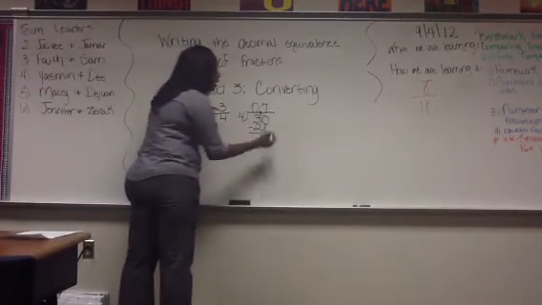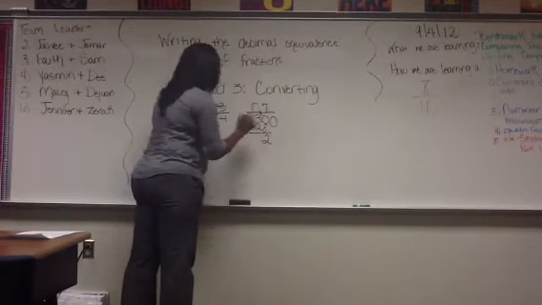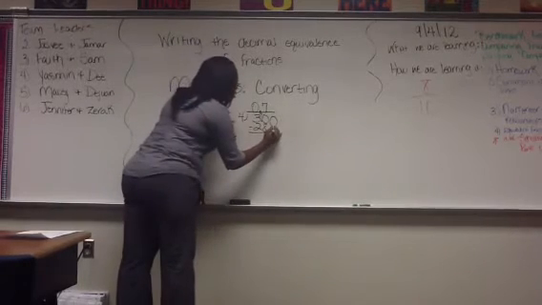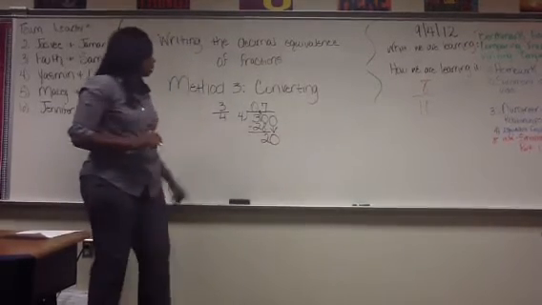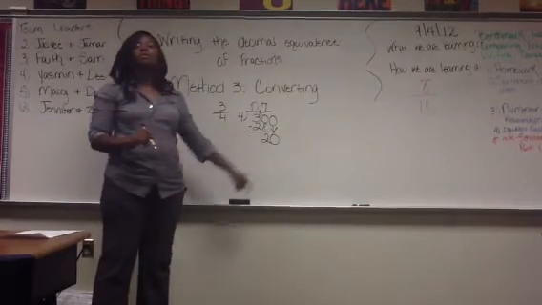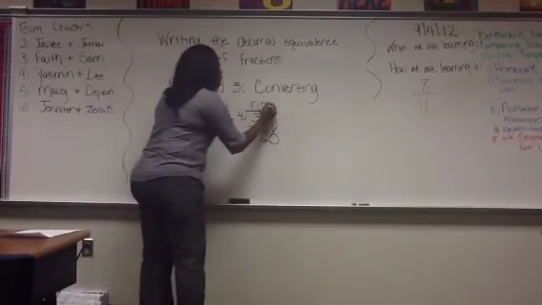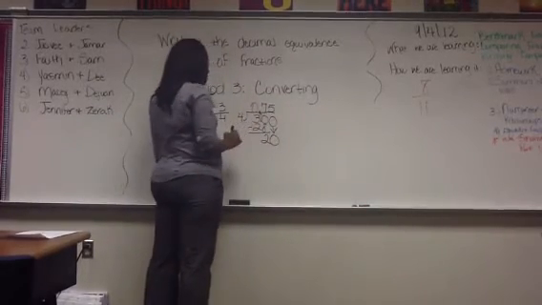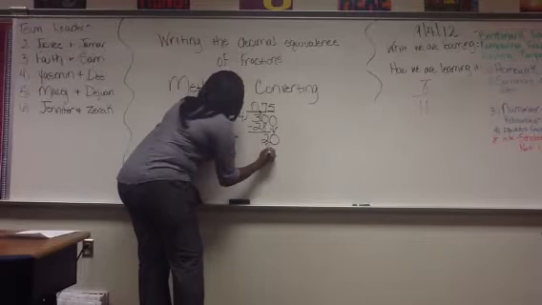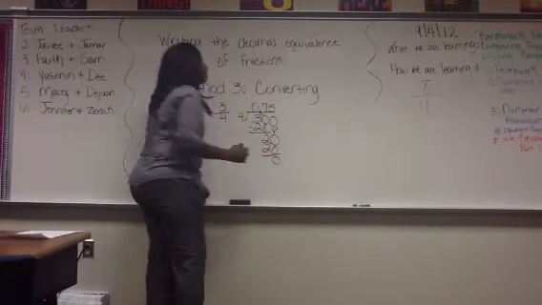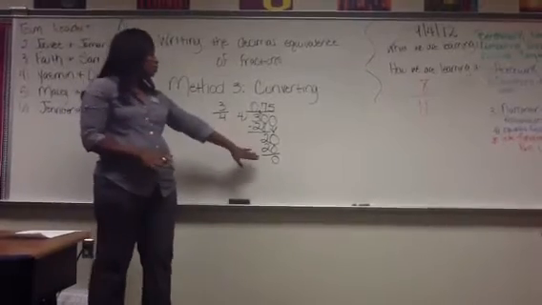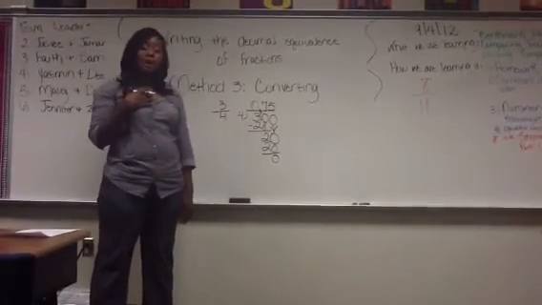So in order to do that, I'm just going to keep adding zeros. Now I can bring that down so I can keep on dividing. 4 goes into 20 5 times. 5 times 4 is 20. 20 minus 20 is 0. Now that I don't have a remainder, I can stop dividing.